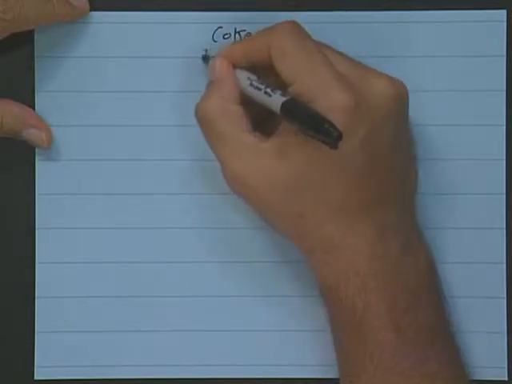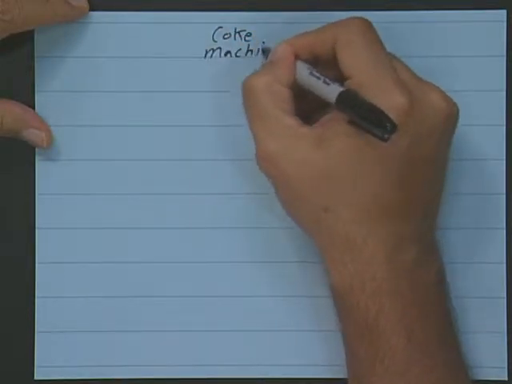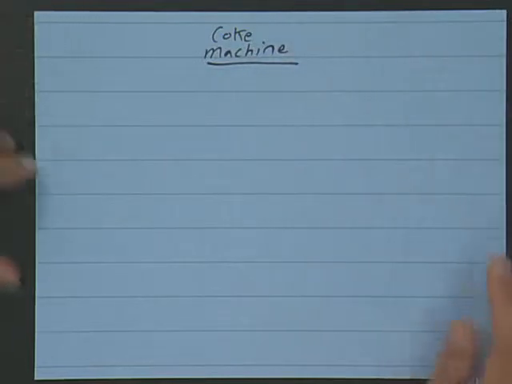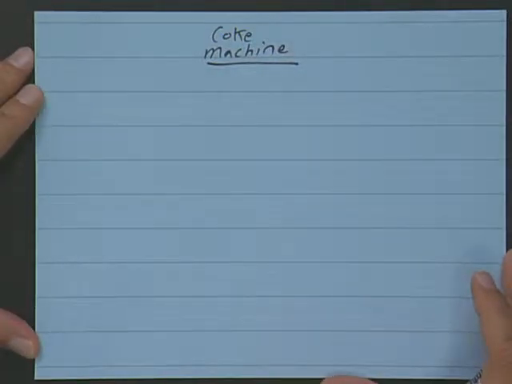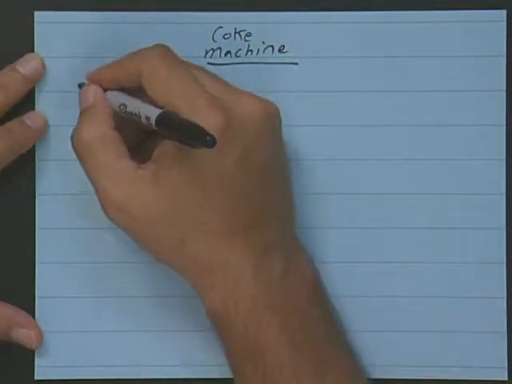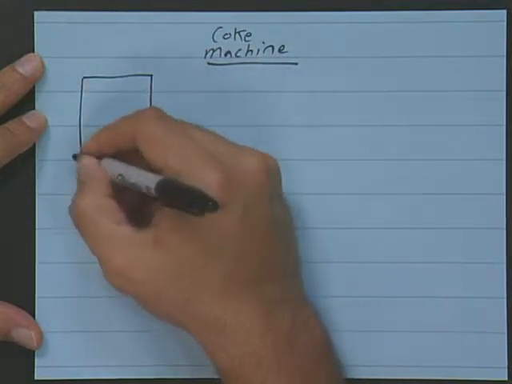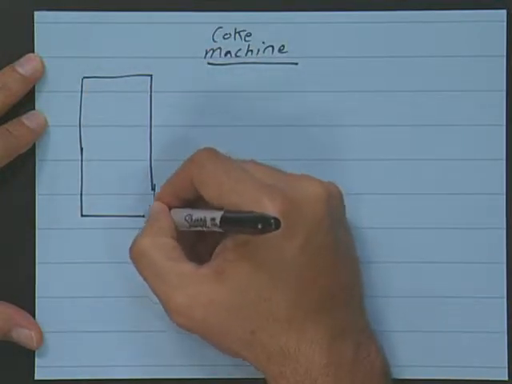Okay, so what I'm going to do for this little exercise is walk you through, again, starting simple here. Let's just focus on a Coke machine. And I'm going to make this Coke machine pretty simple. Let's draw a simple diagram of this Coke machine.